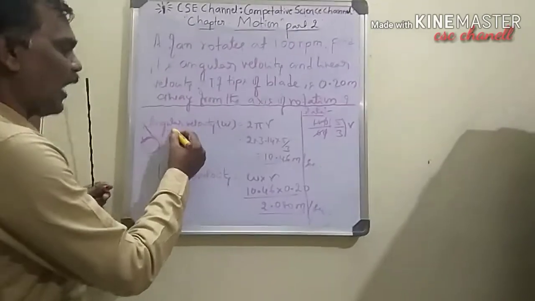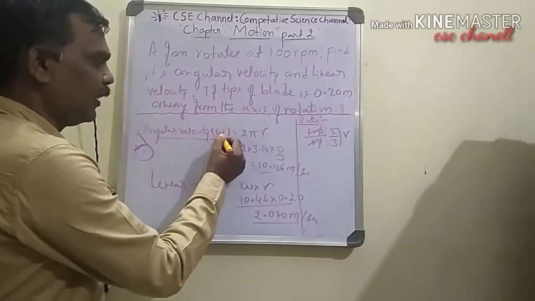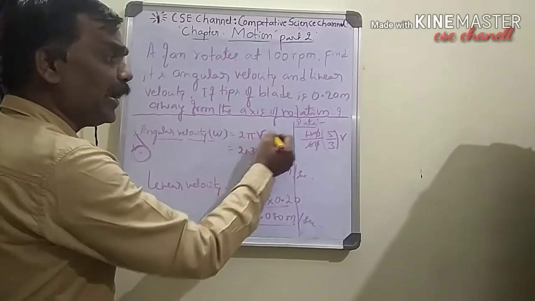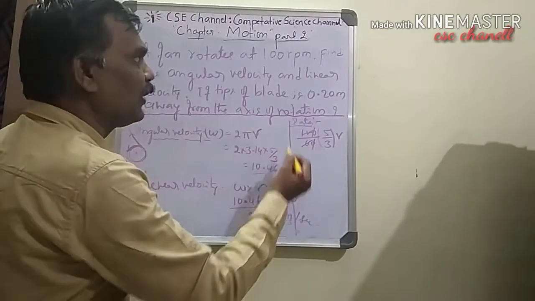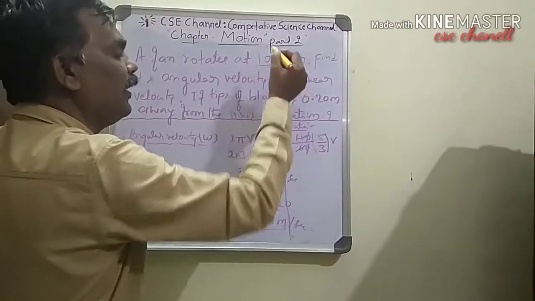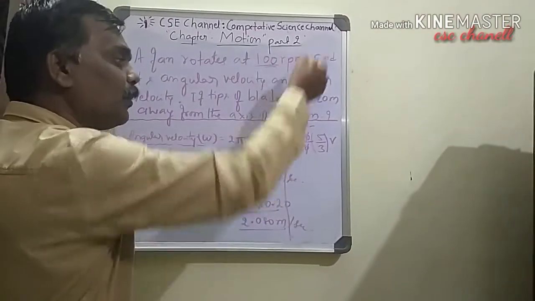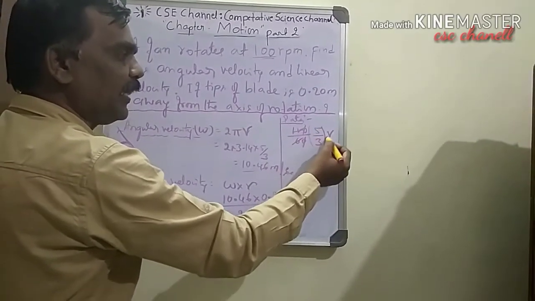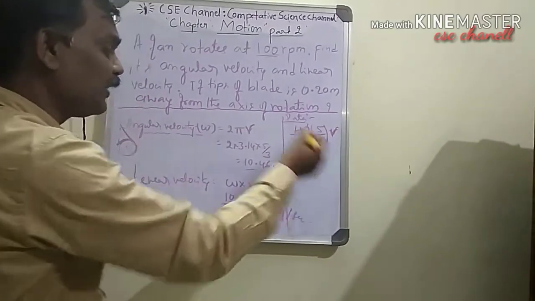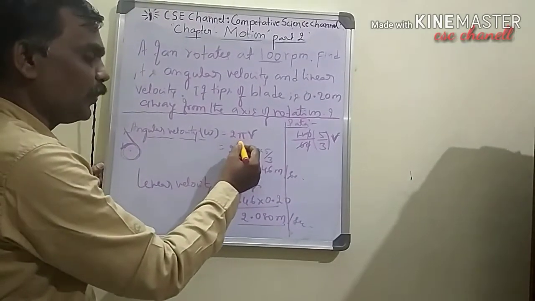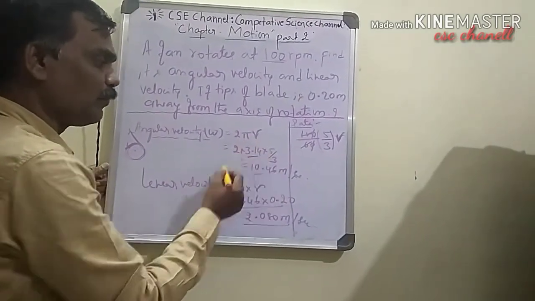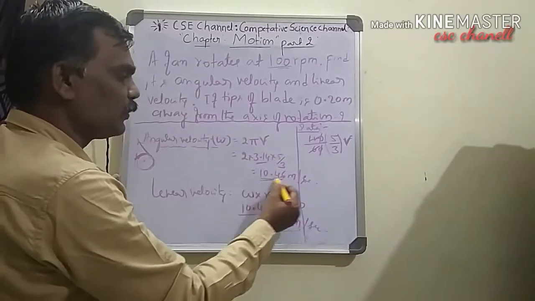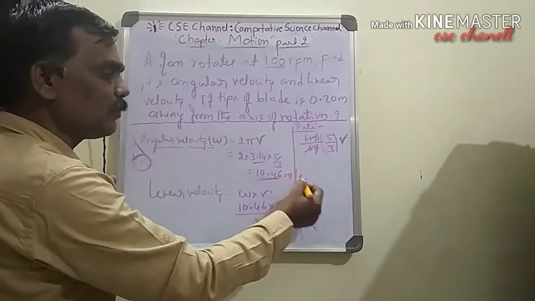Now the formula for angular velocity, symbol omega, is equal to 2 pi into frequency. To calculate the frequency, it is given as 100 rotations per minute. So 100 divided by 60 gives 5 by 3 as the frequency. 2 pi, with pi as 22 by 7 or 3.14: 2 into 3.14 into 5 by 3 gives 10.46 radians per second.